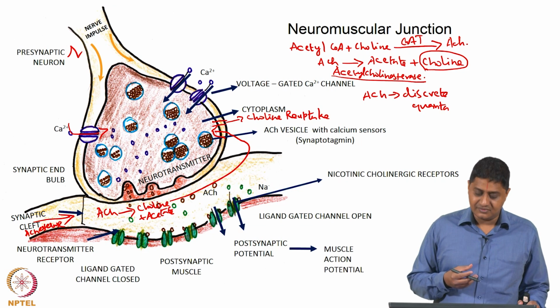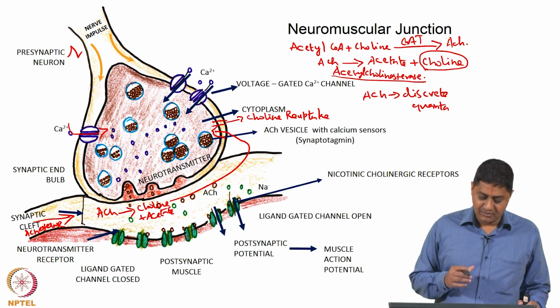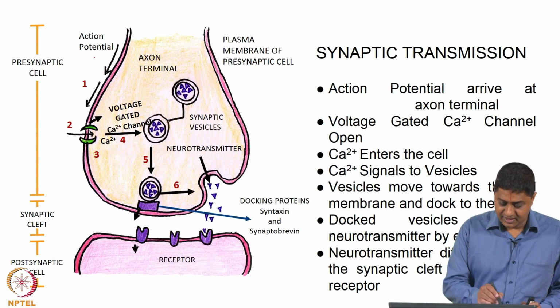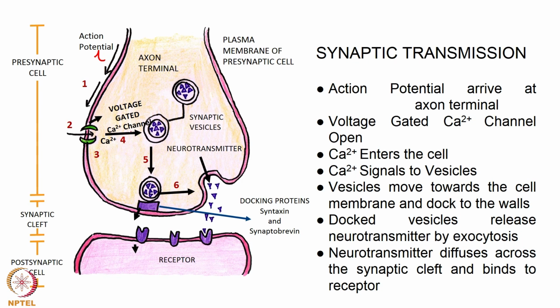It moves the vesicle closer to the cell membrane, and by the action of docking proteins syntaxin and synaptobrevin, the vesicle fuses to the membrane and opens up on the outside, releasing the neurotransmitter by a process called exocytosis. We saw this in the previous class.